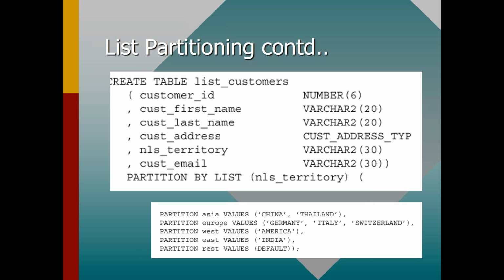We have partition by list and we use the NLS territory, or the name of the country, to specify the partition. So we name the partitions Asia, Europe, etc. and start defining names of the countries for each partition.